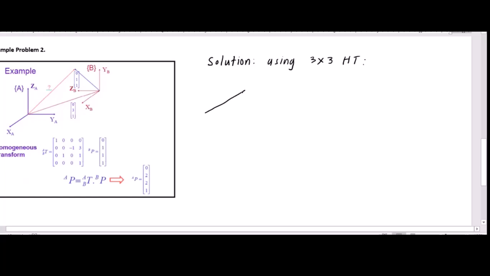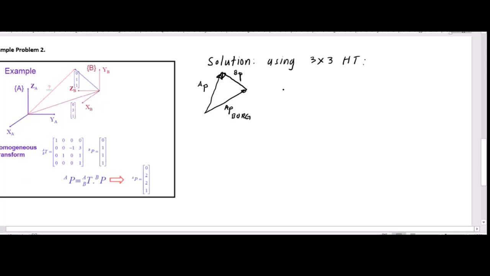From the triangle, this one is our vector P origin with respect to A. This one is our P to B, the vector of the point P in question with respect to frame B. And we are looking for this one, which is the final position with respect to A.